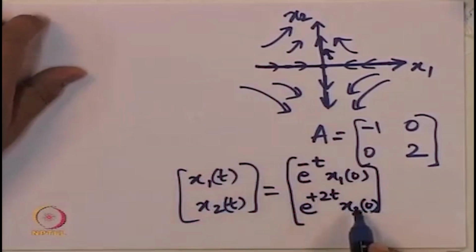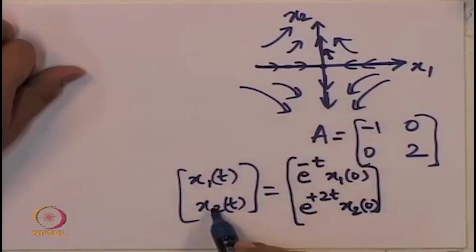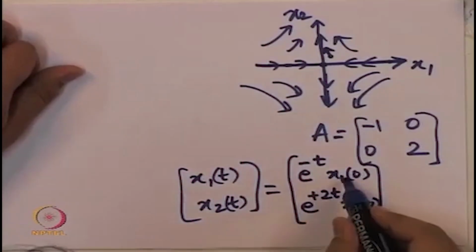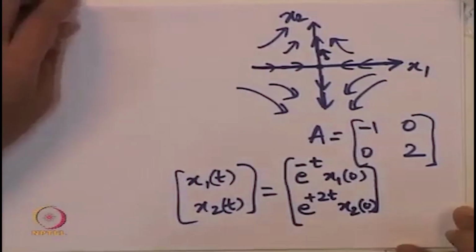So unless the initial condition has x2 component equal to 0, x2 as a function of time is going to grow exponentially. On the other hand, if the x1 component is non-zero, it is going to decrease and eventually become close to 0 asymptotically.